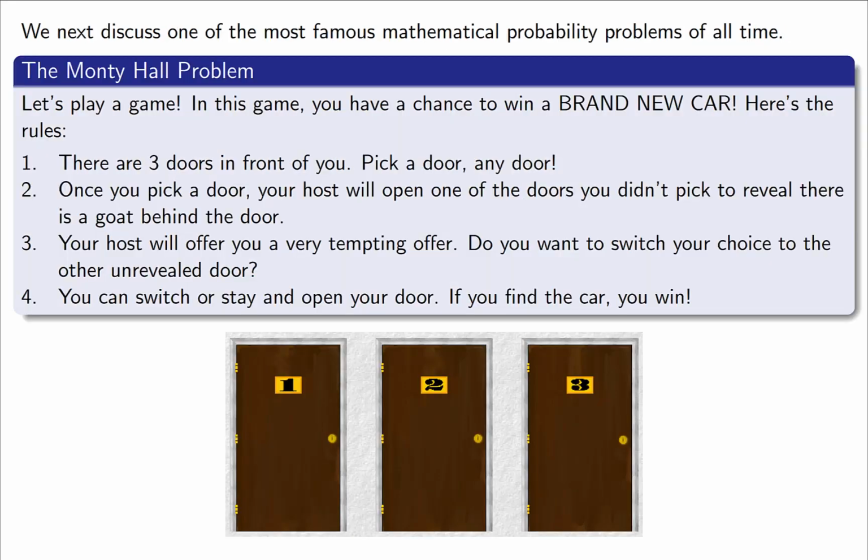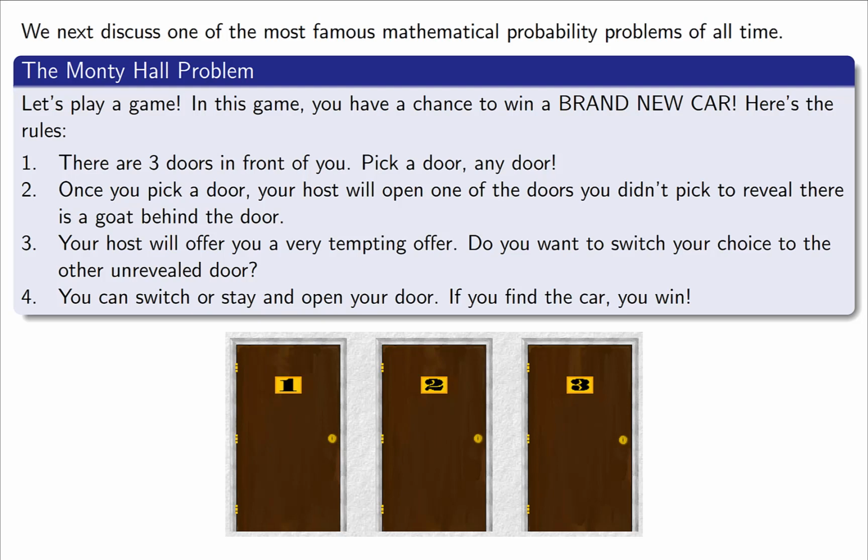Let's move on to another famous probability problem that came up with a lot of controversy when it first came around. This is called the Monty Hall problem. You have a chance to win a brand new car. What you do is you pick a door, any door, and then that door might have a car behind it. Once you pick your door, your host will open one of the other doors you did not pick, and he shows you that behind that one there is a goat.